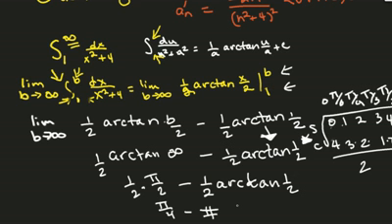There we are. So let's try that again. Second tangent of 0.5 gives you 0.4636 in radians. So that times 0.5 gives you 0.23.